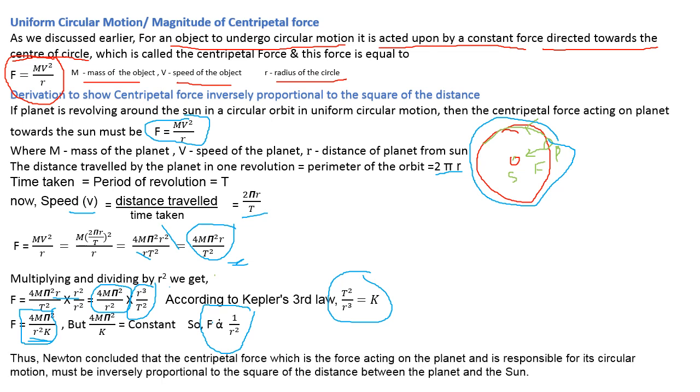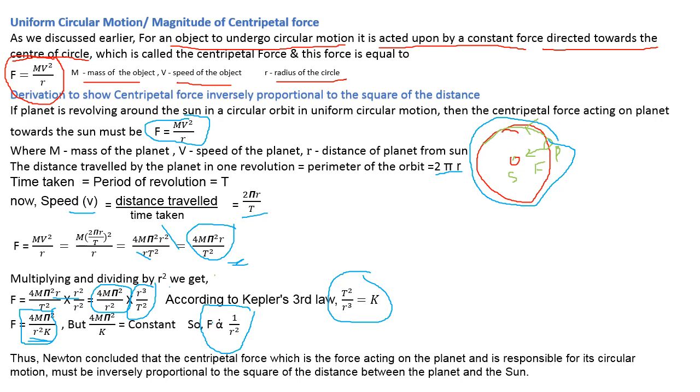Thus, Newton concluded that the centripetal force, which is the force acting on the planet and is responsible for its circular motion, must be inversely proportional to the square of the distance between the planet and the sun.